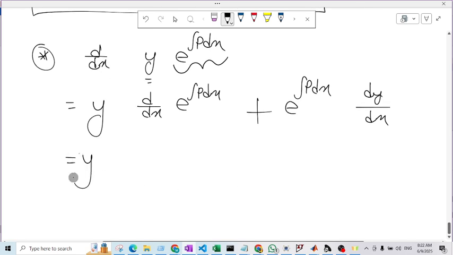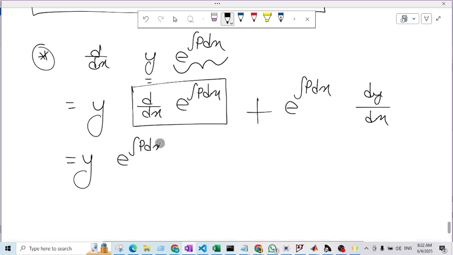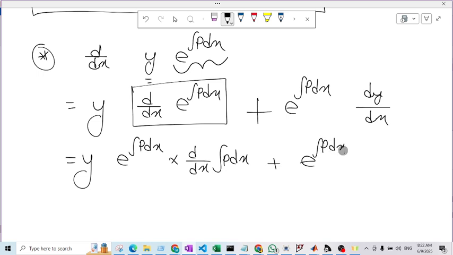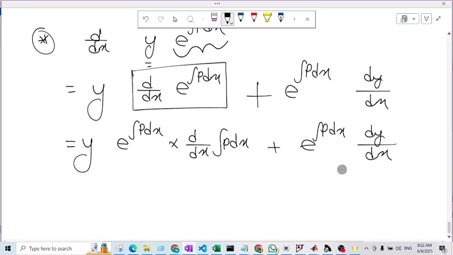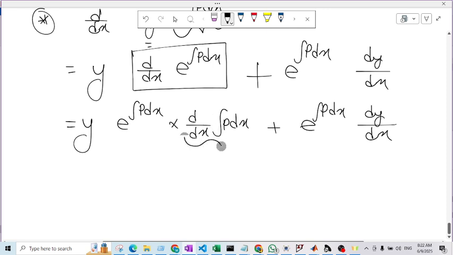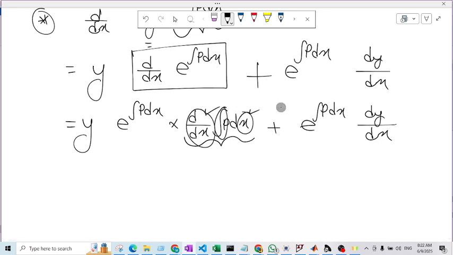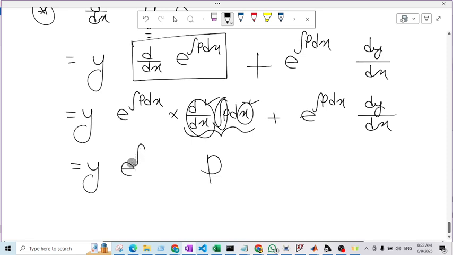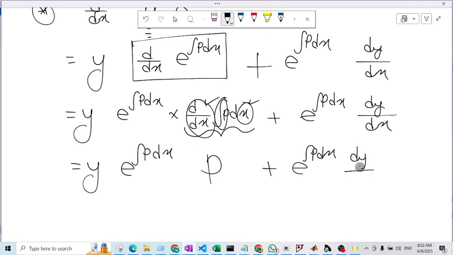We know how to differentiate e to the power something: first write e to the power that power, and then differentiate that power. Since in the same term we have differentiation and integral operators simultaneously, these two operators cancel out and we only have p here. So we get y p e to the power integral p dx, plus e to the power integral p dx dy by dx.